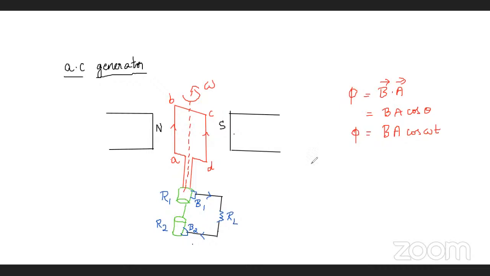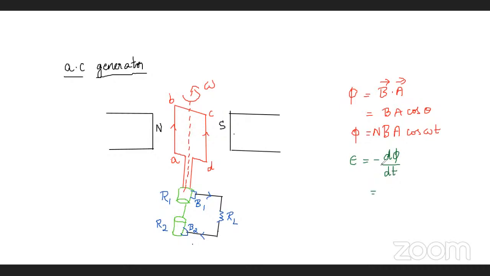And you know very well the EMF is actually given by E equal to minus d phi by dt. That means you need to differentiate this equation with respect to time. Before that, the coil may be having N number of turns, so you will be having N as well.